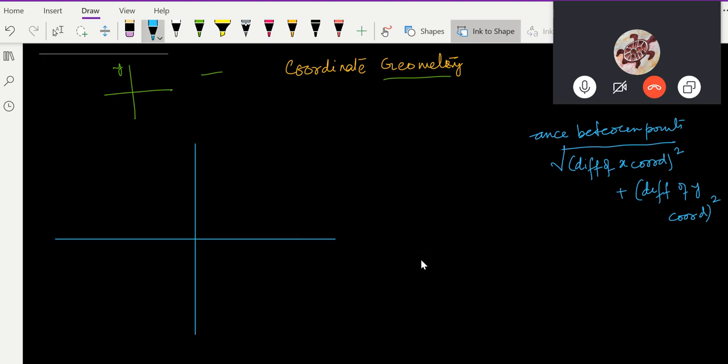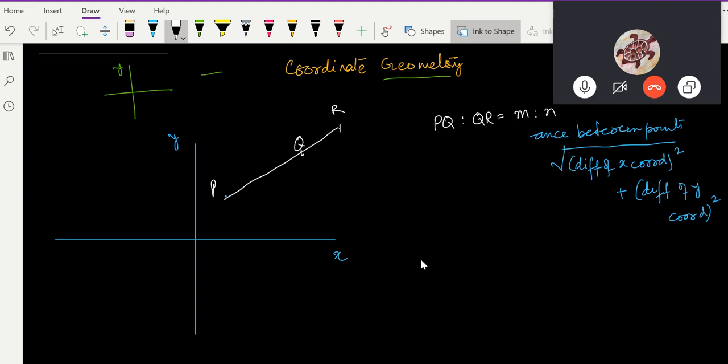Now this is my x, y, and let's say again I have 3 points P, Q and R, all lying on a straight line. And I know that PQ is to QR is equal to M is to N, right?